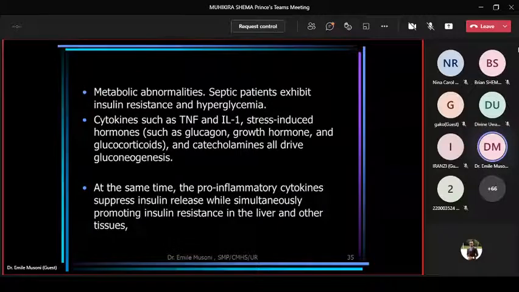They say sepsis may exhibit insulin resistance and hyperglycemia.